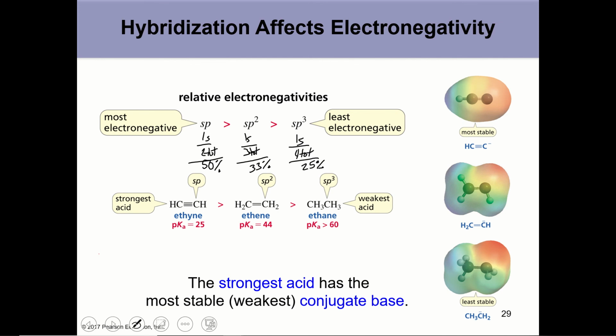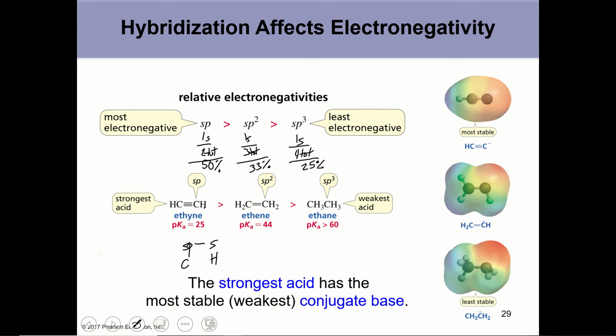So when we compare the carbon to hydrogen bond for acidity, we know that the carbon to hydrogen bond is from an sp carbon to an s hydrogen.